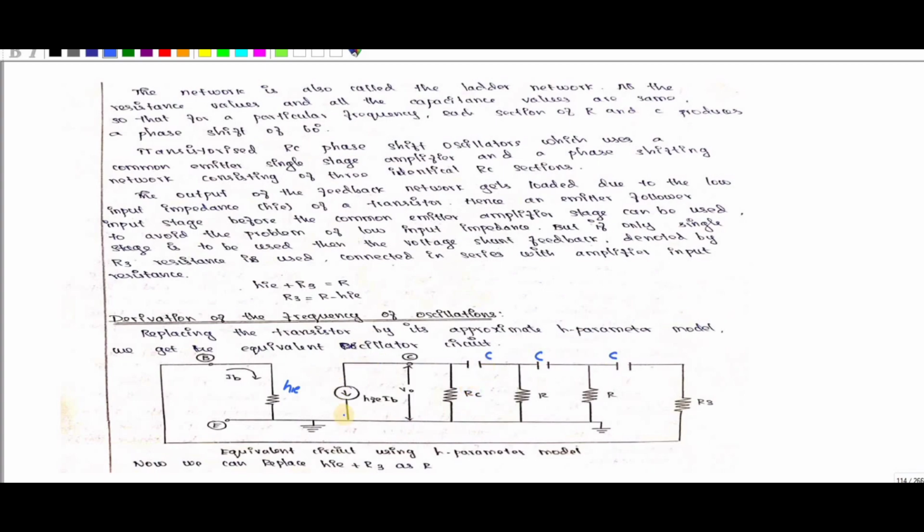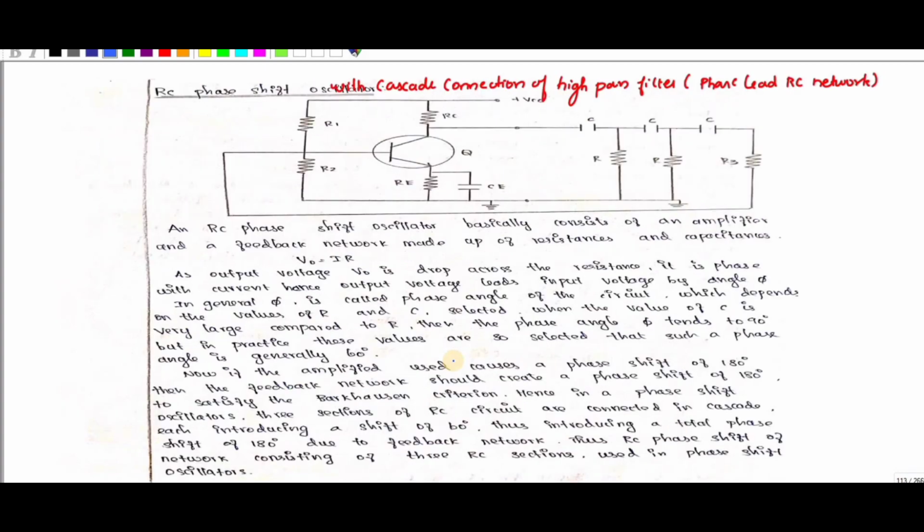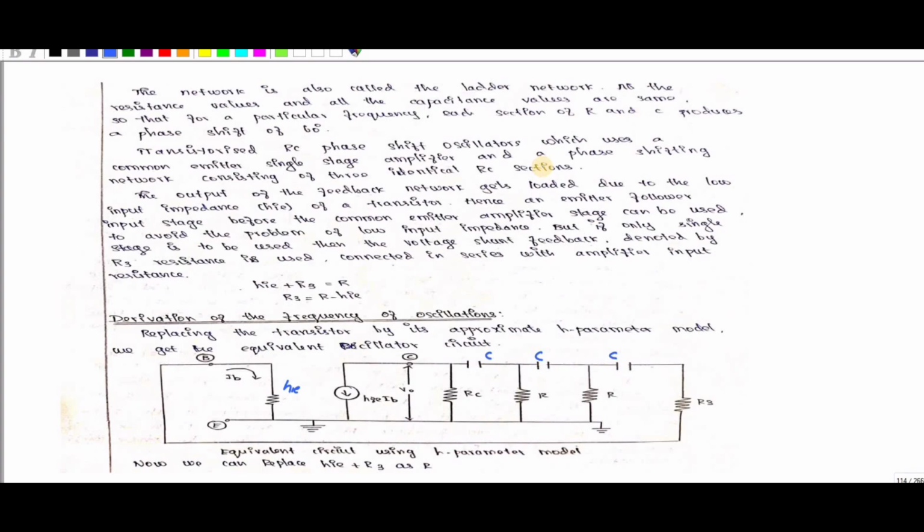Since it is an AC analysis, this RC is grounded, because DC should be grounded, so this RC is connected to this ground for AC analysis. So now this is your equivalent circuit. You can see I have added this R3 and HIE in order to form an R. So this is CR, this is another CR, and this is another CR. So I can read out the circuit like this.